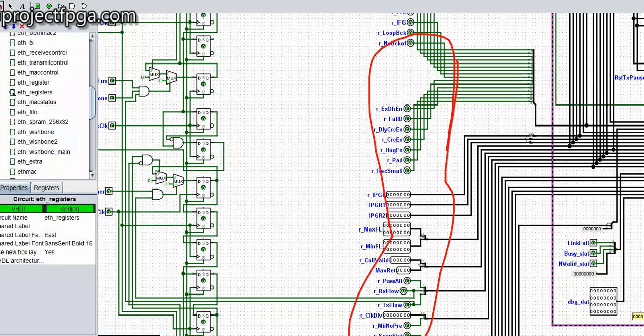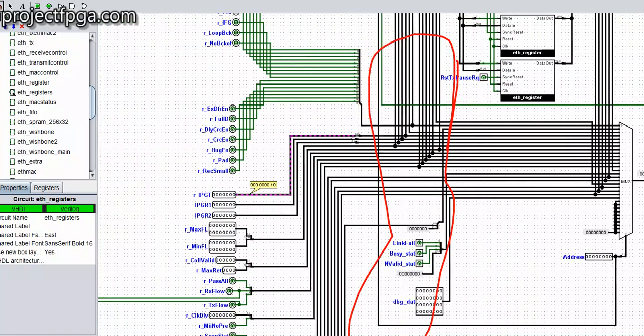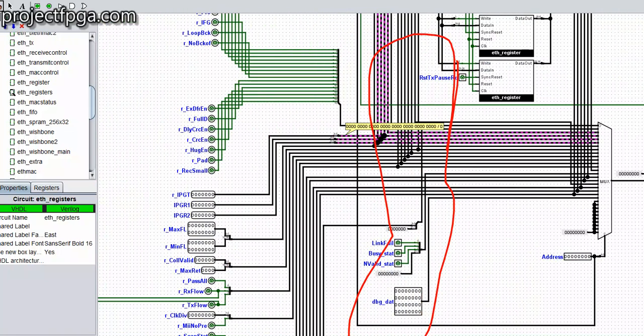So if I can check, assuming this RIPGT, let me see. Oh, sorry. What is the problem? I'll go to the code.